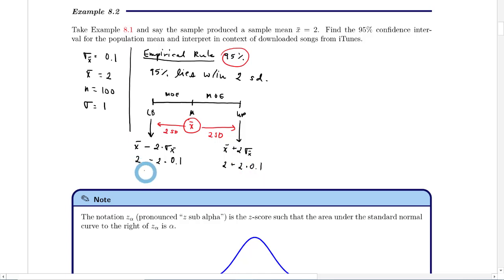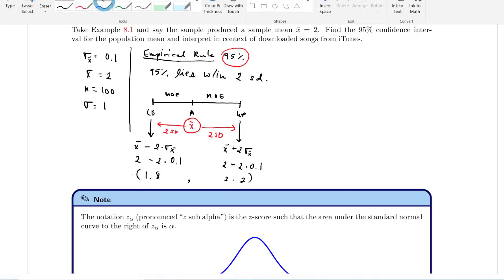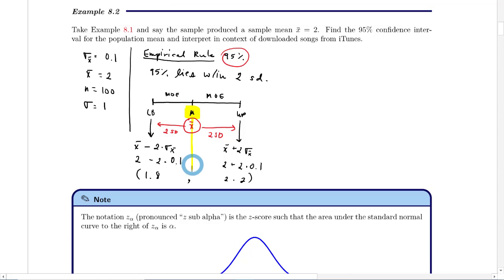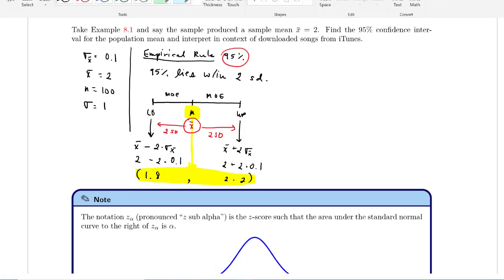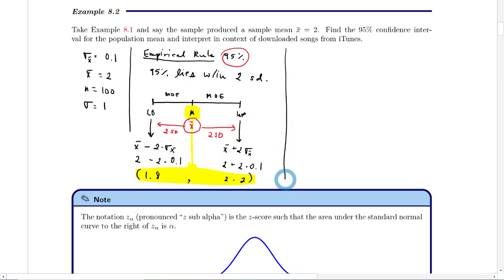So that'll give us 1.8, and then this one would be 2.2. So this means that the population mean will lie within 1.8 and 2.2. So, okay, then we can say the 95% confidence interval is, well, we put parentheses, the lower bound, comma, upper bound. Okay, so that's the first part of the problem.